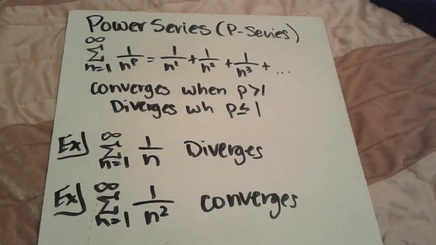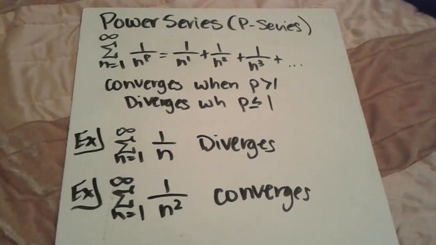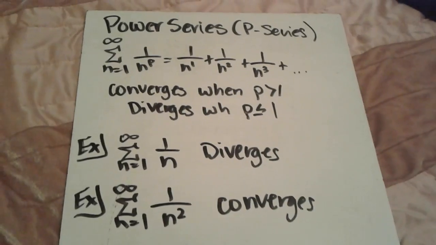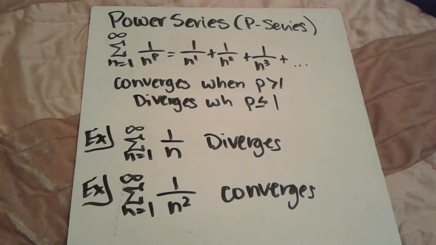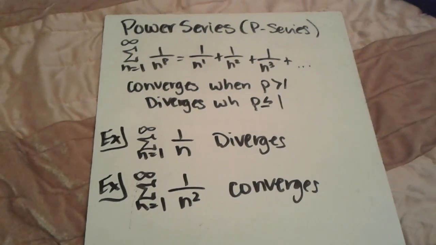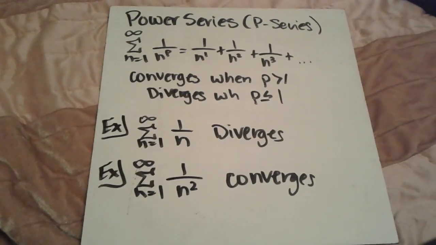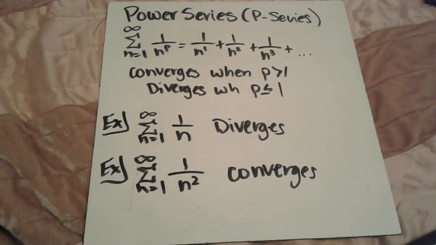Next, moving on to checking divergence and convergence through the P-series test, otherwise known as the power series. First, you have to check whether it's a P-series or not. The basic way it's written is the sum as n equals 1 approaching infinity of 1 over n to the p.